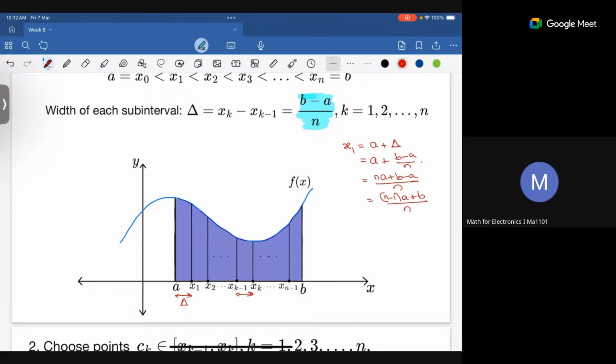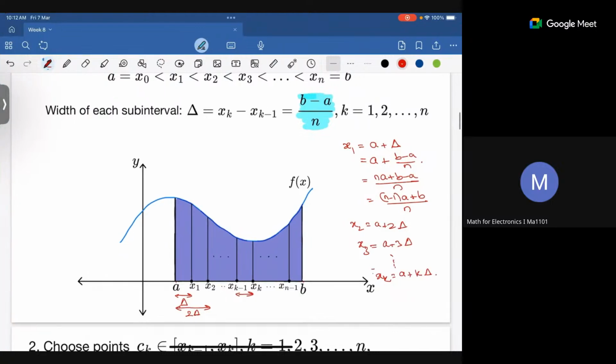Like this, if I want to find x2, x2 is basically 2 delta far from A. So x2 will be A plus 2 delta. You substitute delta as (B minus A) by n, and you will get x2 in terms of A, B and n. Like this x3 will be A plus 3 delta, and xk will be A plus k delta.